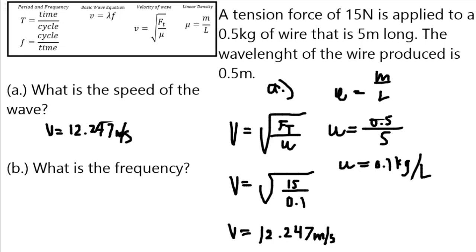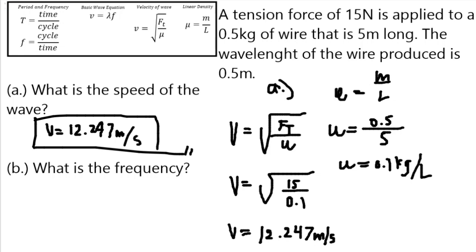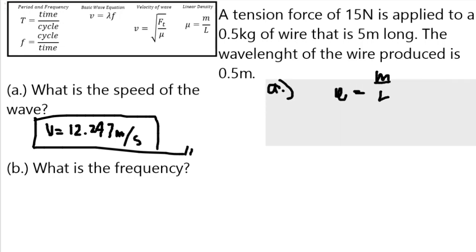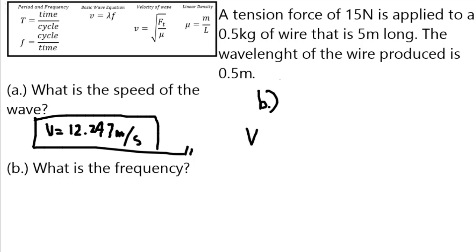So let's do it. We have the given here, that is the wavelength of the wire. We can just use the basic wave equation to solve for the frequency. We all know that velocity is equal to wavelength times frequency, and we now know the velocity.